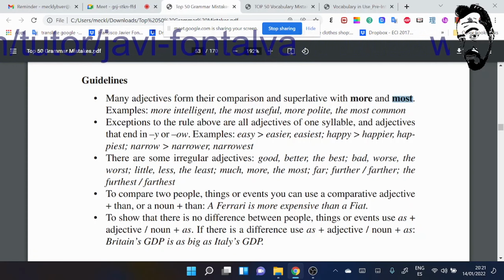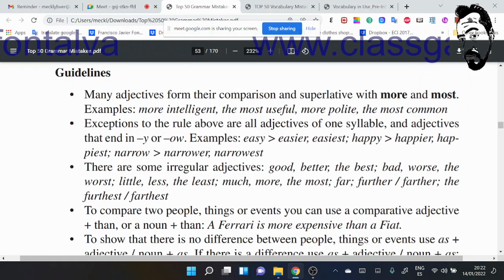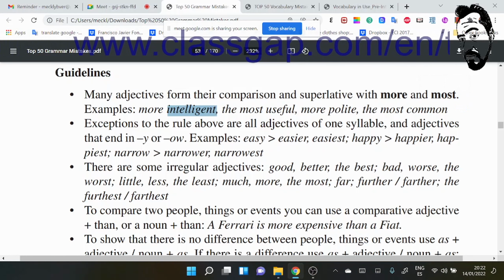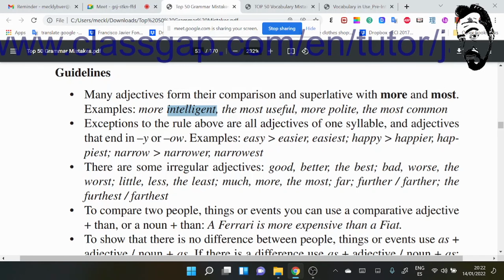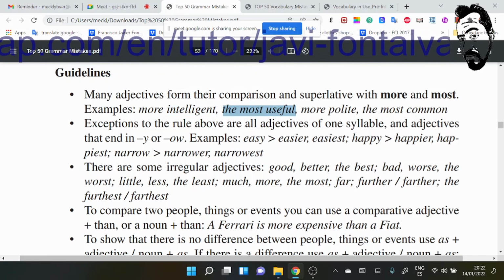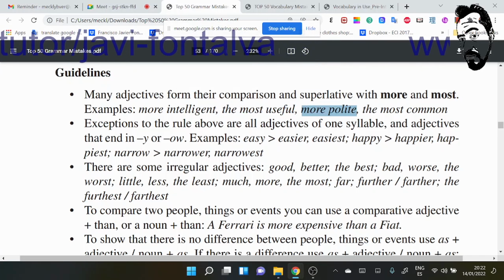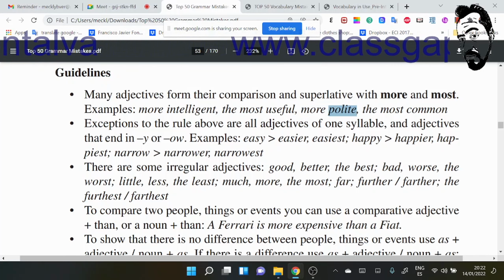When I mean number one, I'm not comparing. So for example, we say more intelligent. I'm comparing. This person is more intelligent than this person. The most useful. So here I mean number one. More polite. Here, I'm comparing. Polite is like you have manners. You respect.